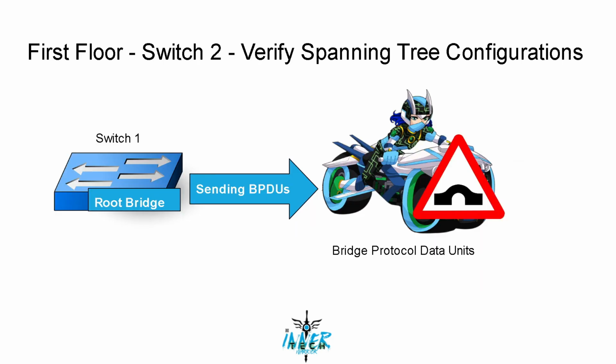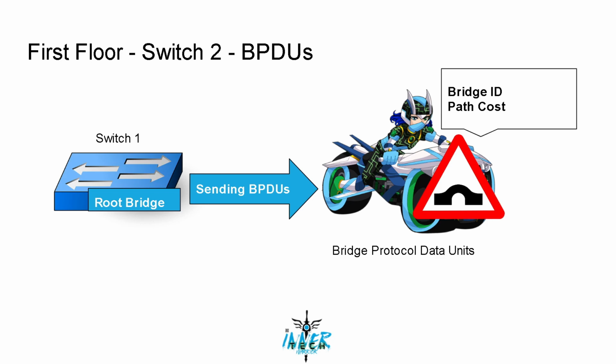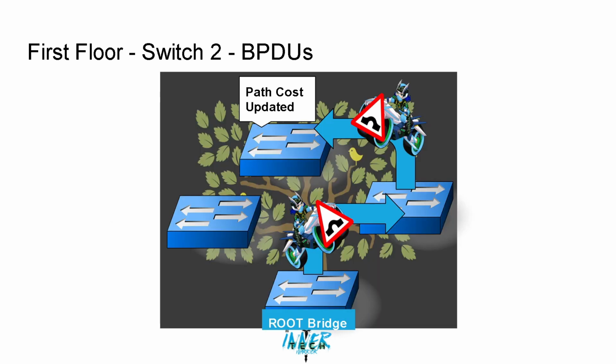If G01 were to go down on switch 2, messages called BPDUs, or Bridge Protocol Data Units, sent from the root bridge would reach G02. Switches send BPDUs with info like bridge ID and the path cost to get to a destination. The root bridge generates BPDUs and sends them to lower priority bridges.